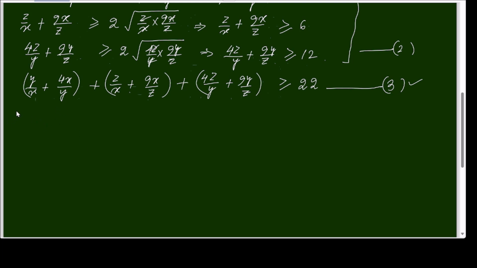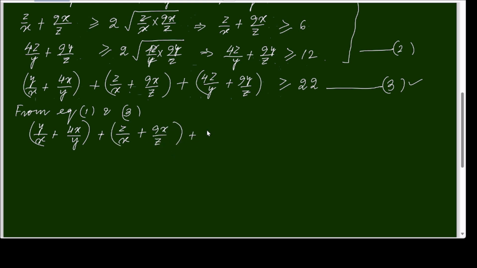So from equations 1 and 3, y over x plus 4x over y plus z over x plus 9x over z plus 4z over y plus 9y over z equals exactly 22.